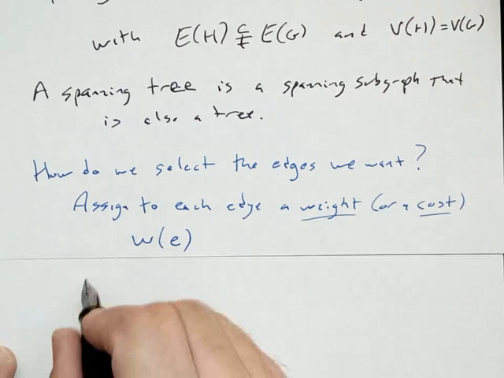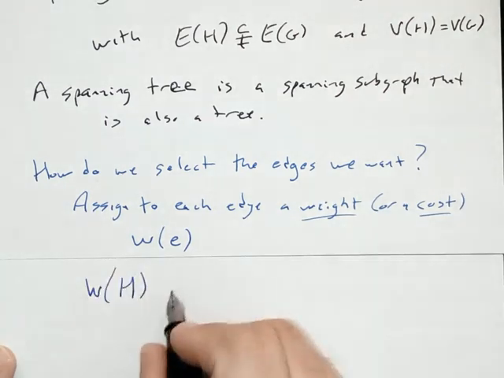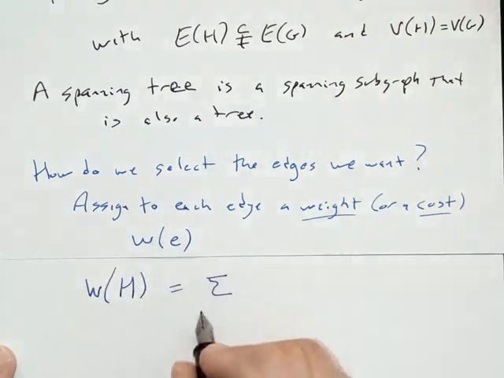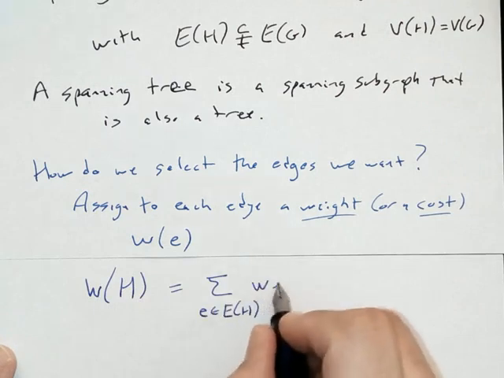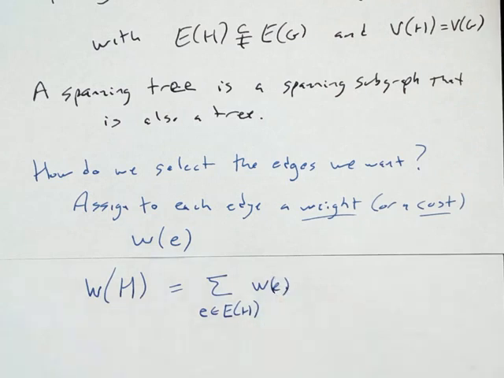The weight of H is the sum over all the edges in the edge set of H of the weight of the edge. So now I can say this will be my order of preference. I want the lowest cost or the lowest weight. And if I can find one, that's called a minimum spanning tree.